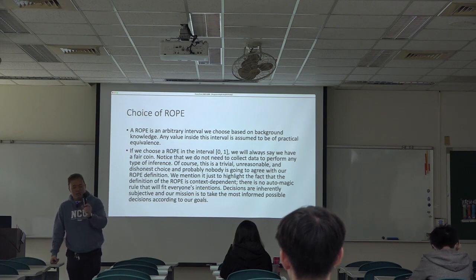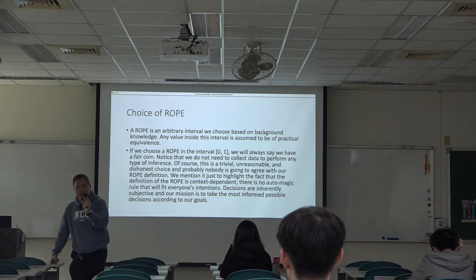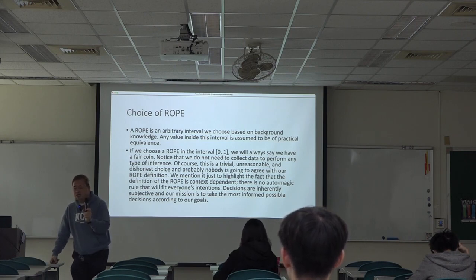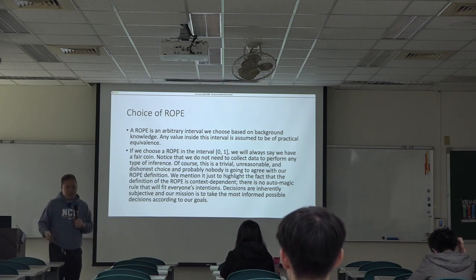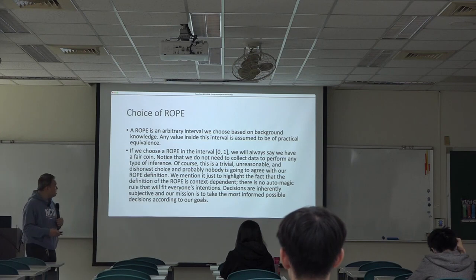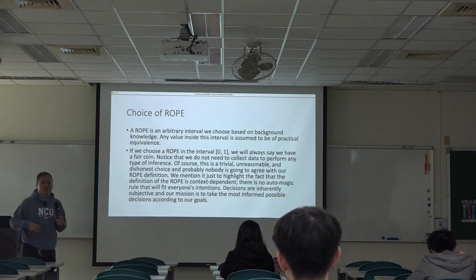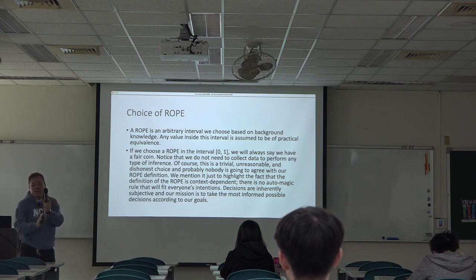And you see, basically it's a symmetric one, right? The setting should be symmetric, which reflects the symmetric nature of this question that the coin is fair. So even though we didn't say that explicitly, you can clearly see that a more reasonable ROPE is a symmetric one, centered at 0.5, okay?